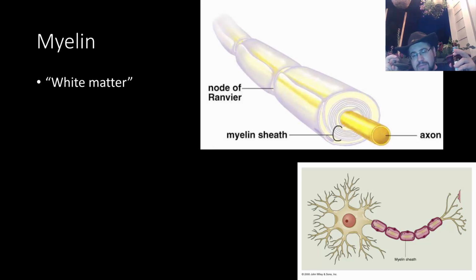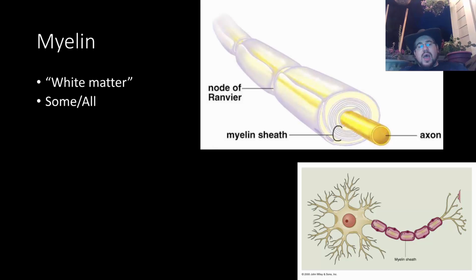So we have the white matter of the nervous system that's covered in fatty myelin sheaths. This is in many of the nerves in your body because these cause signals to travel very quickly.